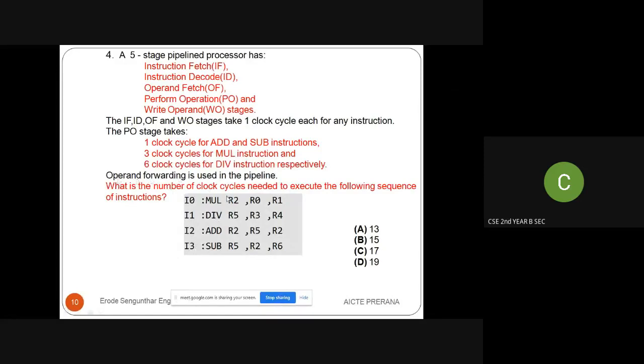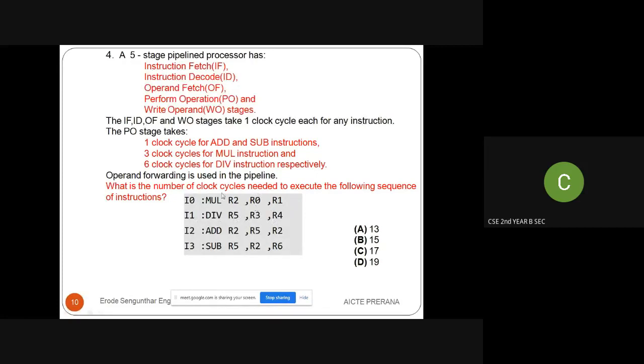Consider the first instruction I0, multiplication of R0 and R1, stored in R2. R0 into R1, the value will be stored in R2. Similarly, I1 involves R3 divided by R4 and the result value will be saved in R5.